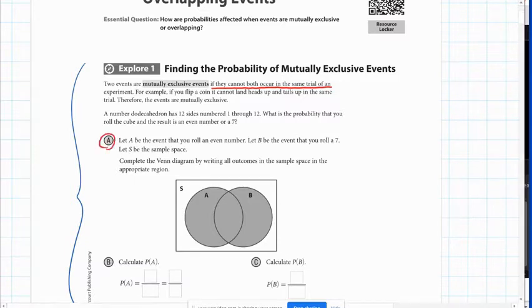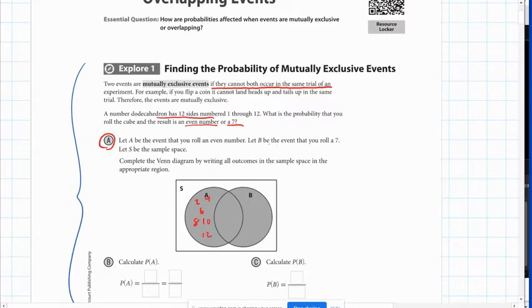In example A here, let A be the event that you roll an even number on a 12-sided die, a dodecahedron, so it's got the numbers 1 through 12 on it. And we want to find the probability that you roll an even number or a 7. Okay, so if A is the event that you roll an even number, then A is going to have 2, 4, 6, 8, 10, 12.